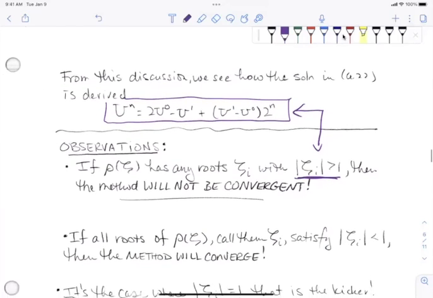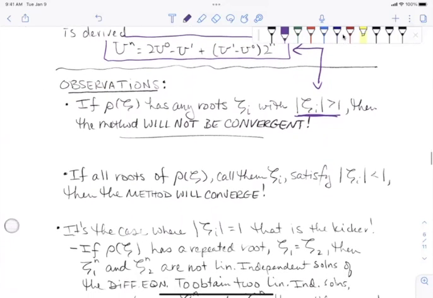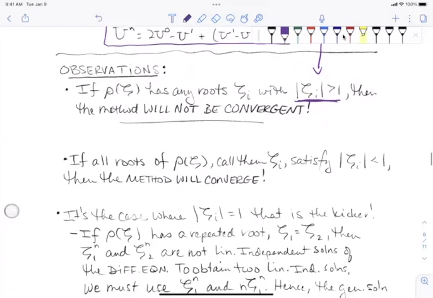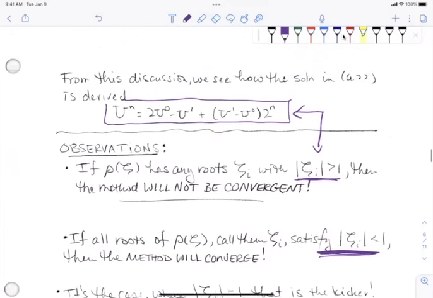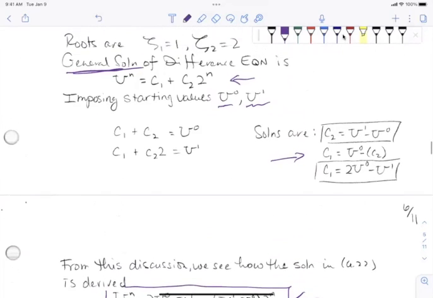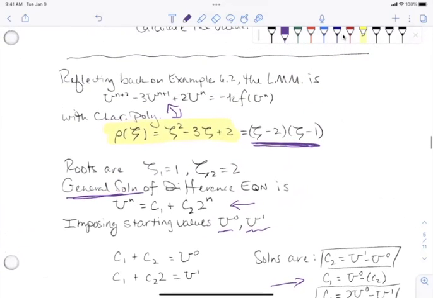So if I have any root of my polynomial rho of zeta which has absolute value or modulus greater than 1, then my method will not be convergent. If all the roots, let's call them zeta sub i, satisfy the opposite, then you can see how you're going to get something which will converge to 0 as you increase n.